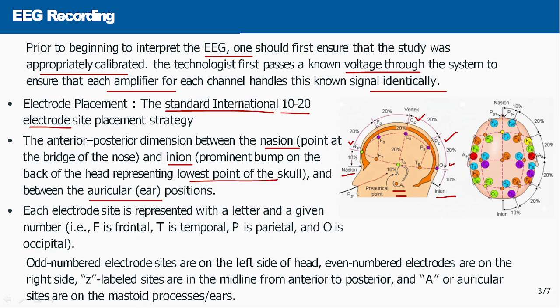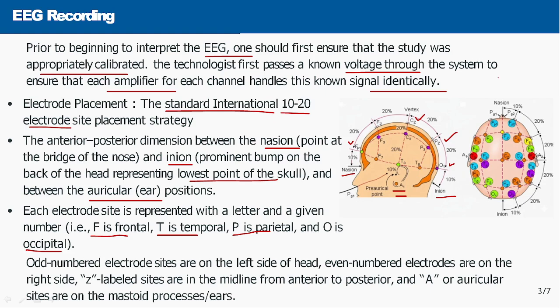Each electrode site is represented with a letter and a given number. That letter defines its position on a particular lobe, as we discussed in the first slide. F is for frontal lobe, T is for temporal, P is for parietal, and O is for occipital, and in some cases you will find C for central. Odd-numbered electrode sites are on the left.